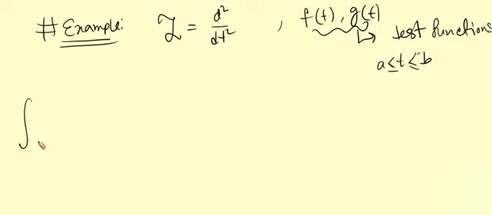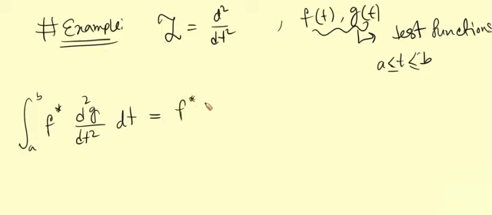So let's write the integral from a to b. We'll write f star, then the second derivative of g, and we'll have our dt. And then a physicist's favorite friend is integration by parts. So do integration by parts. You will have f star times dg/dt evaluated at these boundary points, and minus again the integral from a to b.